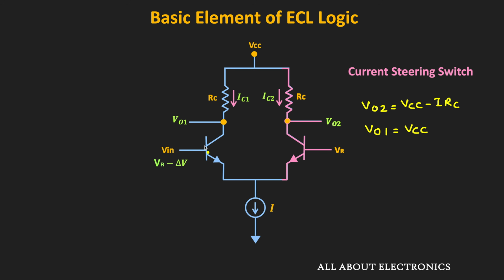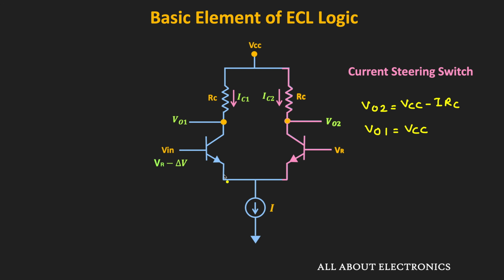So in this way, by changing the input voltage by a small amount, it is possible to steer the entire current into one branch. Very shortly we will see what should be the value of this delta V, so that it is possible to steer the entire current from one branch to the other branch.